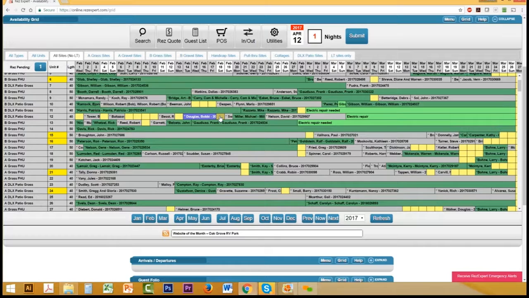And so, I introduced this concept to our resort outside of Las Vegas, and then they moved to that model where they don't assign the site location until the night before.